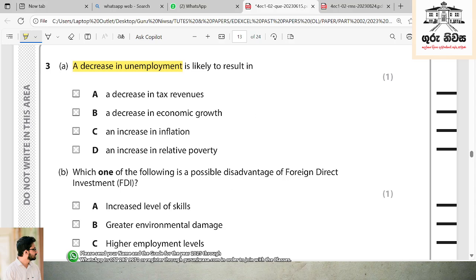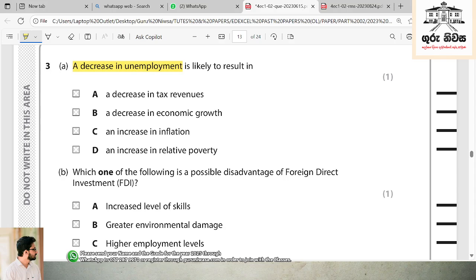Absolute poverty means inability to satisfy basic human needs. What are the basic human needs? Like food, clothing, the place to live.